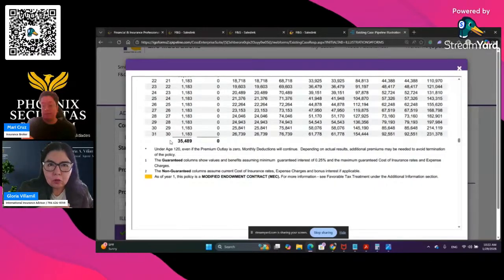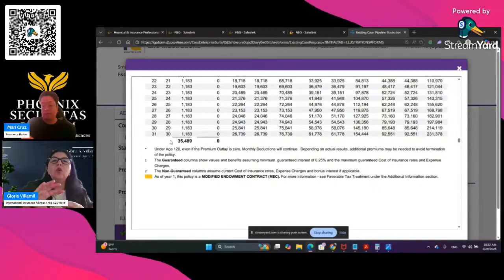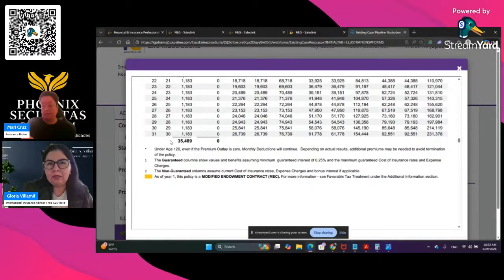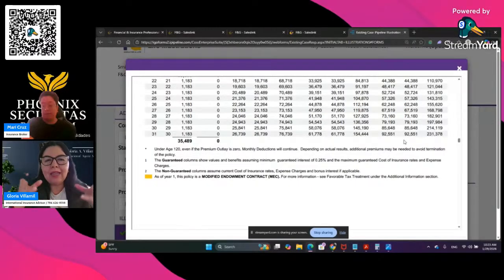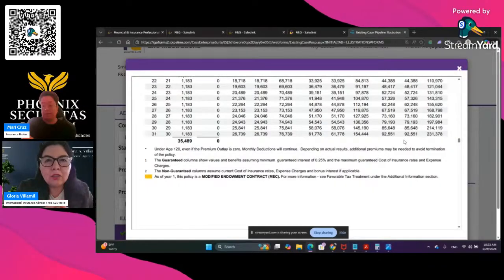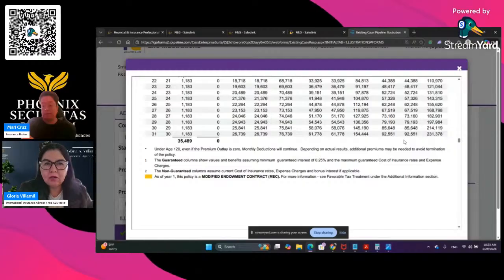After the 10 years, you will start to see growth with compound interest in all these programs, because with 30 years of paying, you will pay 35,000 and you have almost three times what you paid. It's 92,000. At the age of 31, this boy has almost $100,000 in savings, paying 35,000. This is amazing.